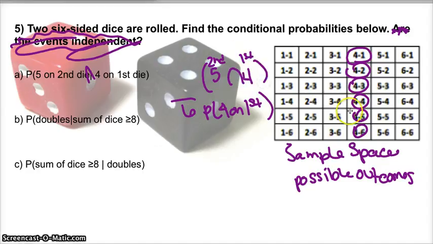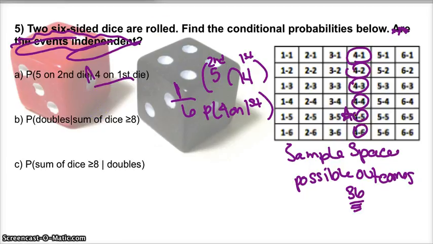So if we look at these options, a 5 on the second and a 4 on the first, there's now 1 out of all of these combinations. So that sample space has been limited down from the original 36 options. It's been limited based on 4 on the first die.